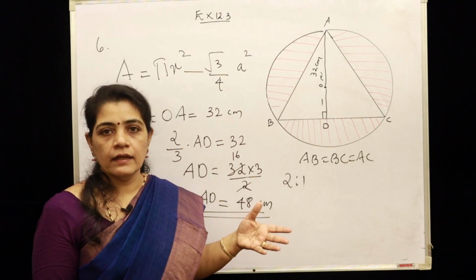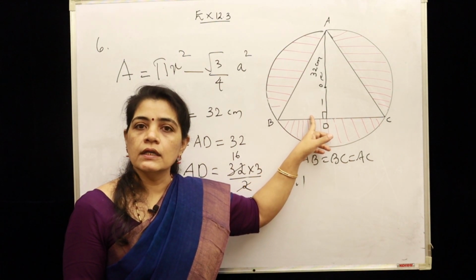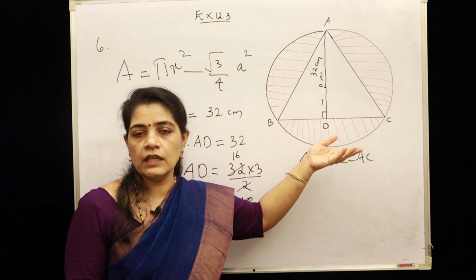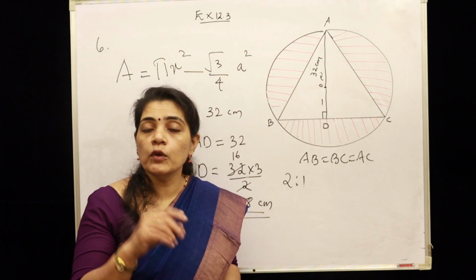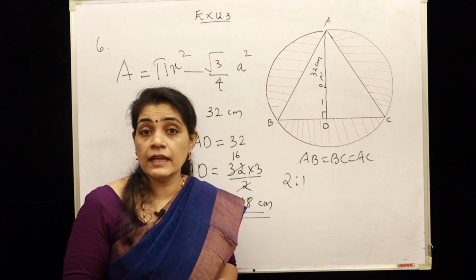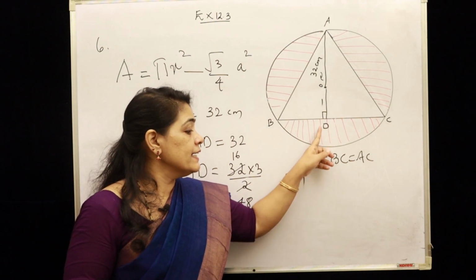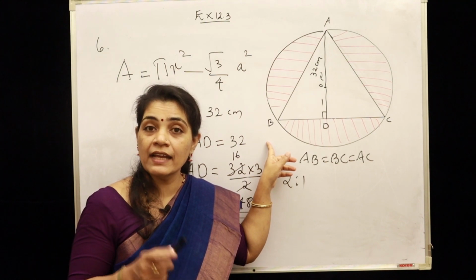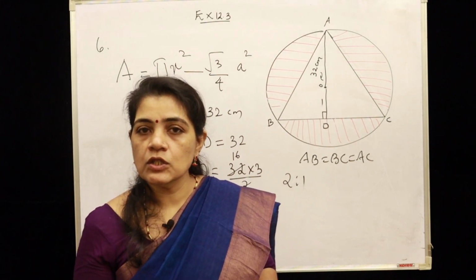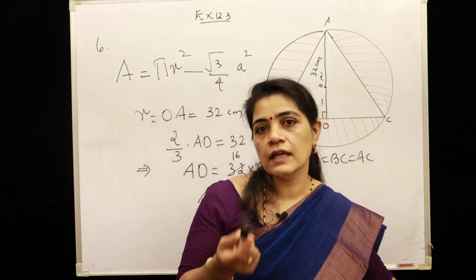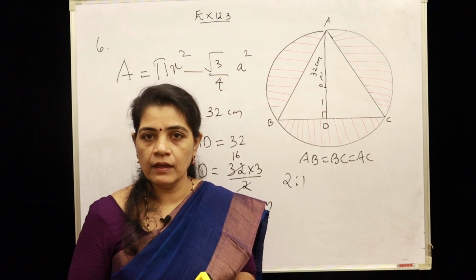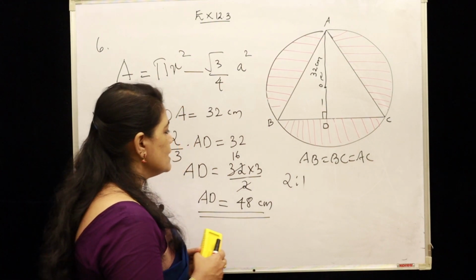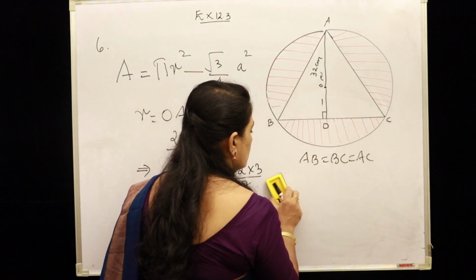Now children, I already told you the median is the altitude for the equilateral triangle. So in order to get AB, now consider the right triangle ADB, because you can easily calculate AB by applying the Pythagoras theorem. So that is the next step I am going to write over here.